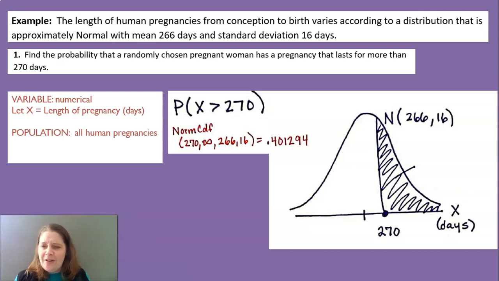I'm not going to pull my calculator out in this video, but if you need help with that, just send me an email and I'll try to help you out. So norm CDF, 270 up to infinity, mean of 266, standard deviation of 16, and I get 0.401, which is going to be my probability. So about a 40% chance that a single woman has a 270-day or longer pregnancy.